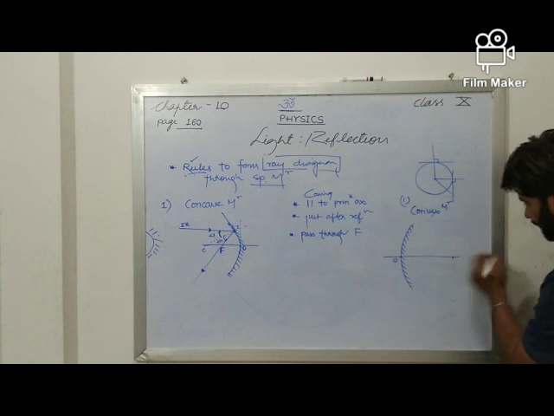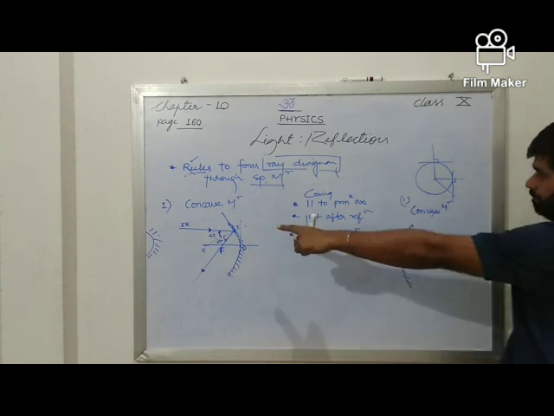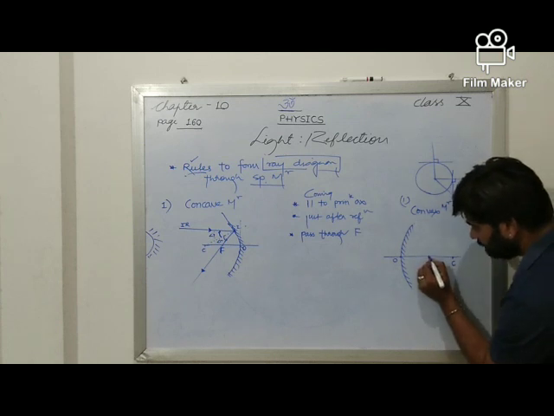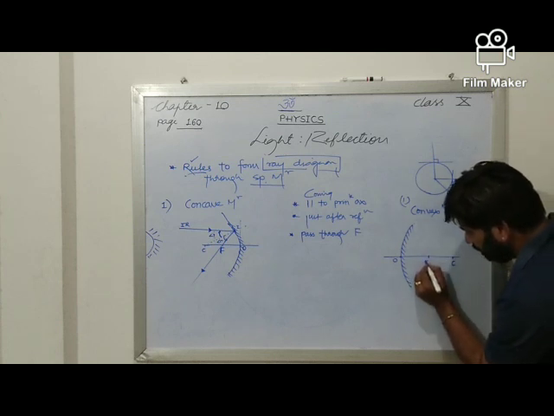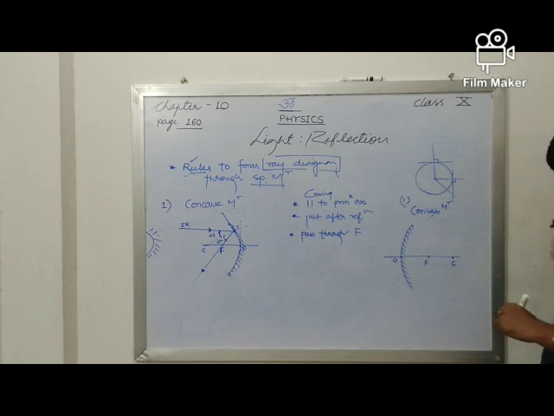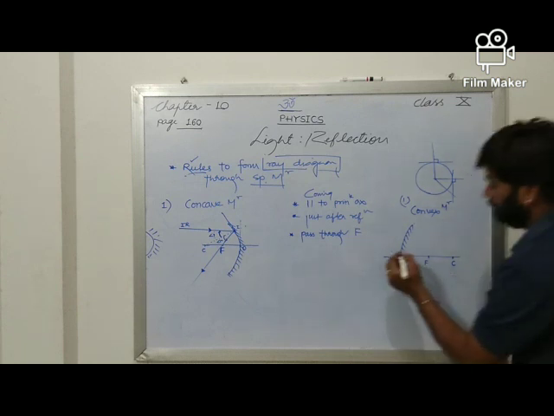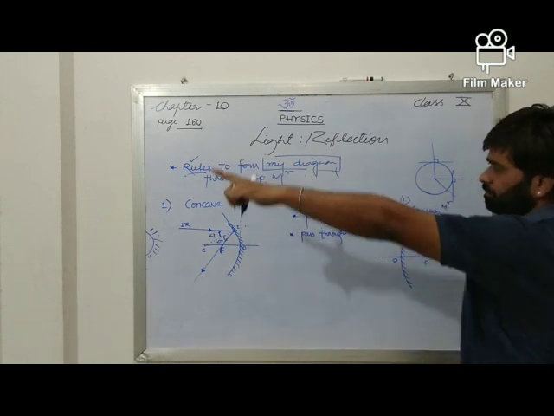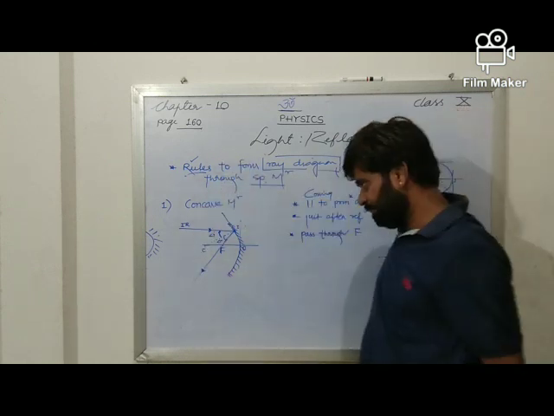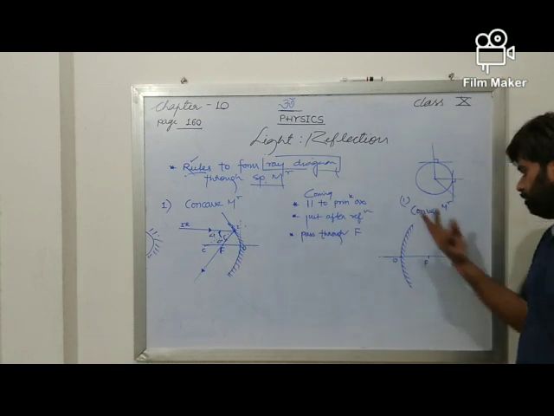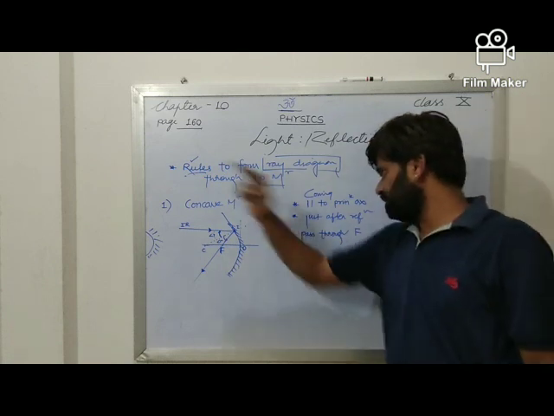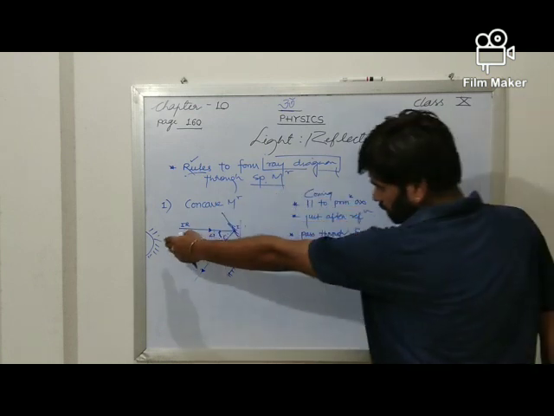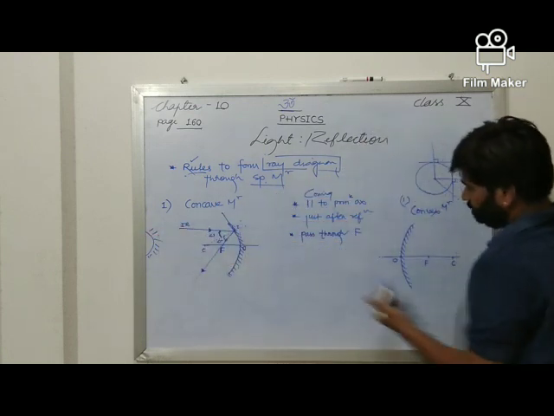In the earlier case the center was on the left-hand side, here it will be on the right-hand side. Just half of the distance from the pole, there will be a focus. Again the source of light will be the same, always on the left-hand side, because in both cases the reflecting surface is towards the left, so the source of light should be there.